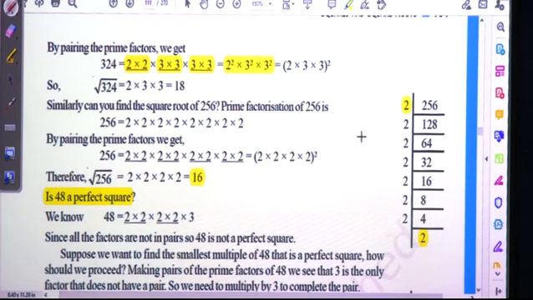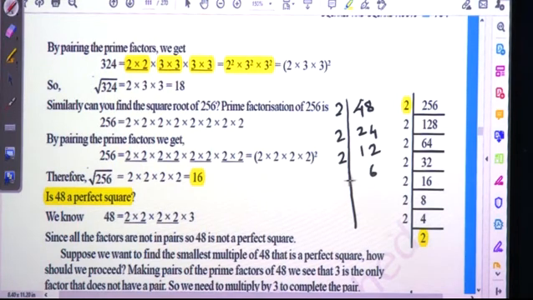We are finding the factors by prime factorization by 2. 2 2s are 4, 2 4s are 8, 2 6s are 12, 2 3s are 6, 3 1s are 3.